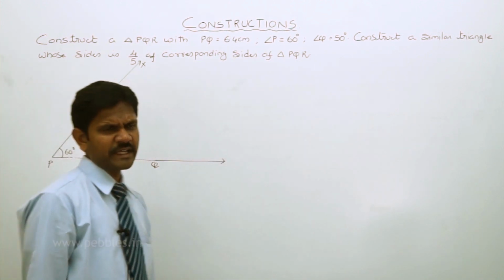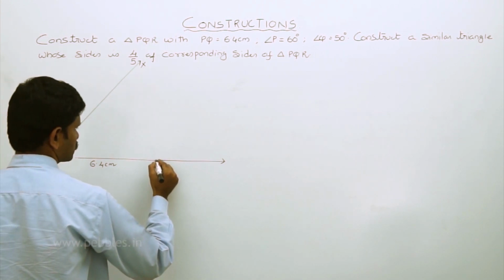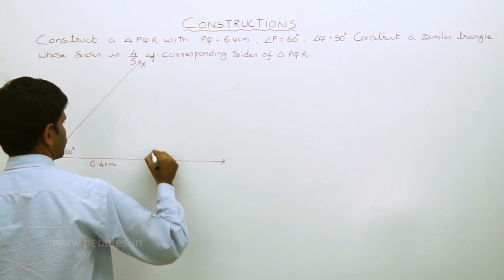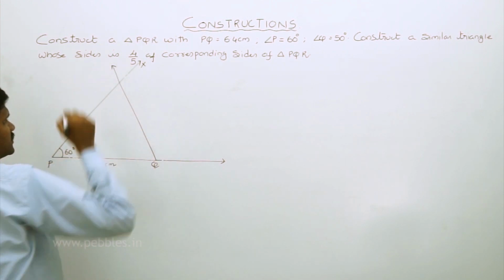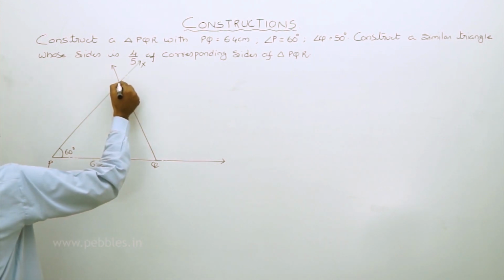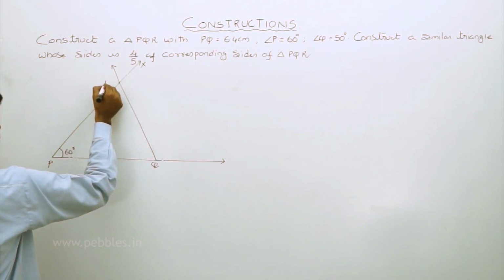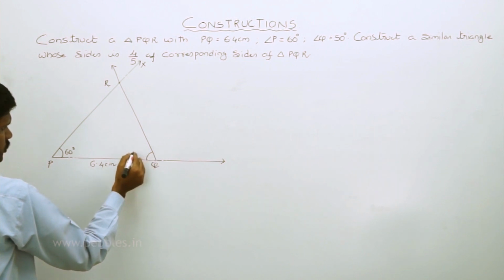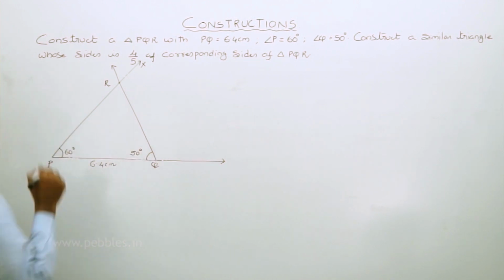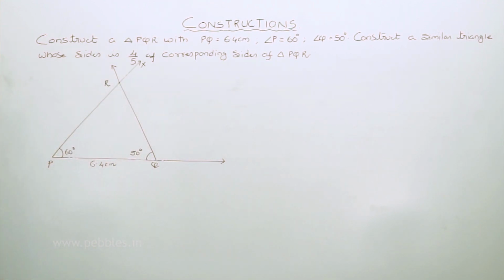At Q, angle Q is equal to 50 degrees. Again use the protractor at point Q and with 50 degrees cut this line. Both meet at point R. PQR is the required triangle.